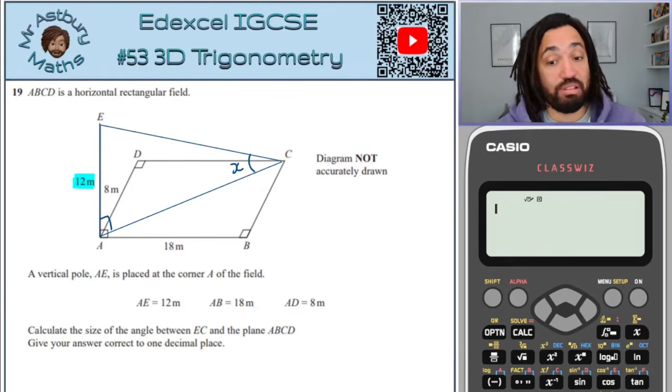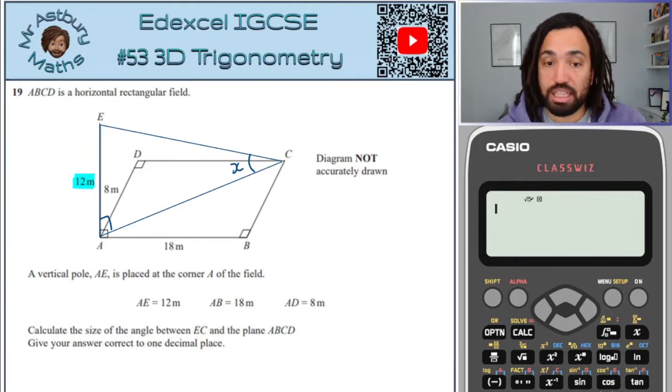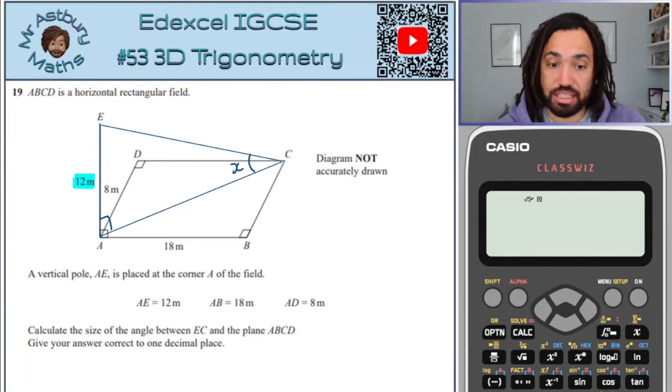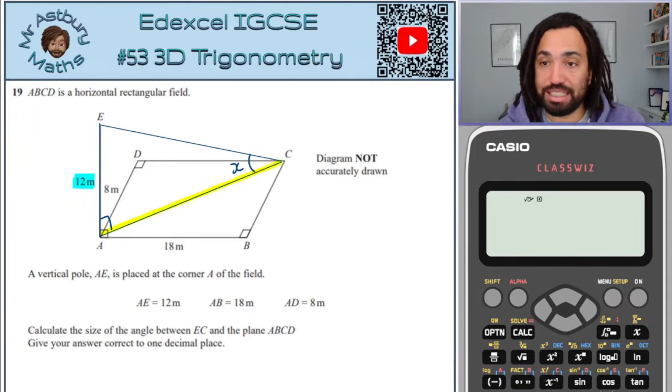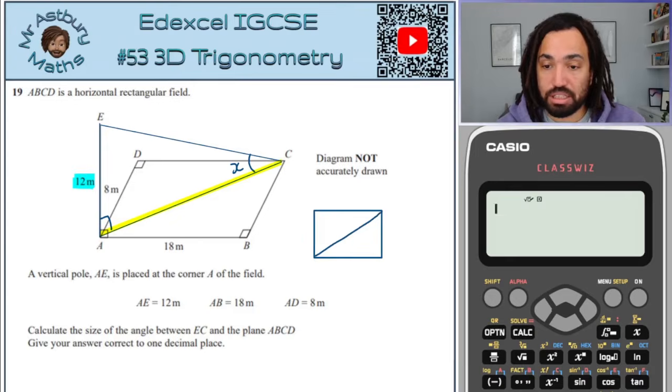I needed one more bit of information before I could work out that angle, and that is this line here, AC. AC is part of the rectangle, so I just draw the rectangle out like this. AC is this line here, because it's part of the rectangle ABCD.